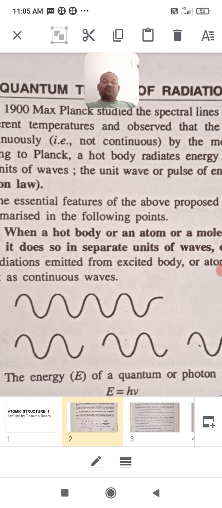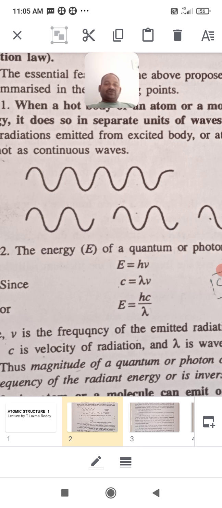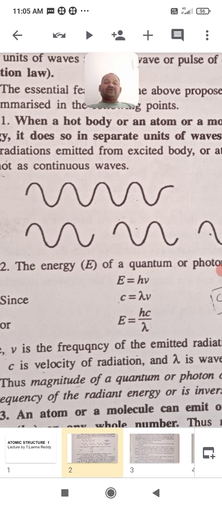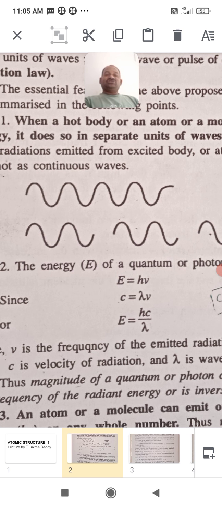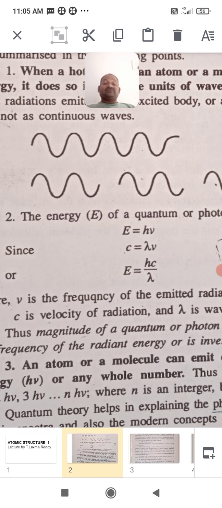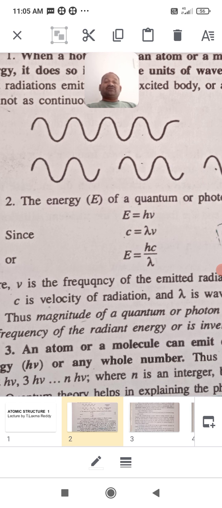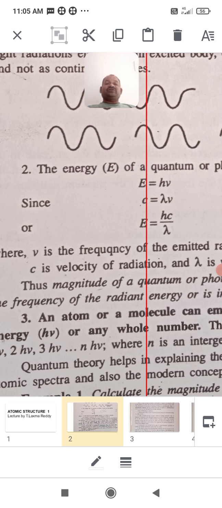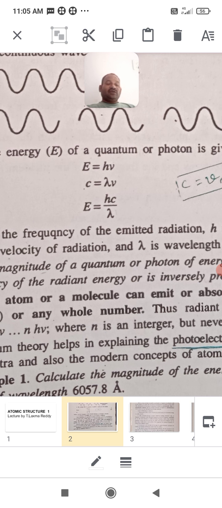that is the individual quanta or photons. So the energy of a quantum or photon is given by the relation E is equal to h nu, that is E is equal to h nu, E is equal to hc by lambda, that is the main equation, where nu is the frequency of emitted radiation, h is Planck's constant, c is the velocity of radiation, and lambda is the wavelength of radiation.